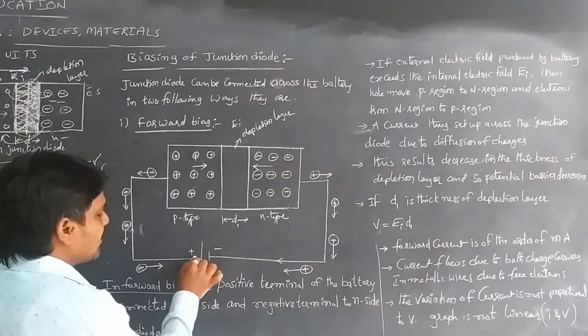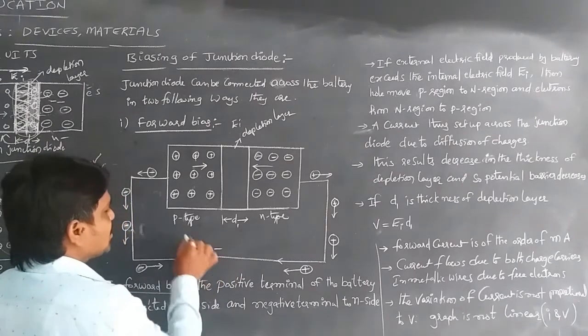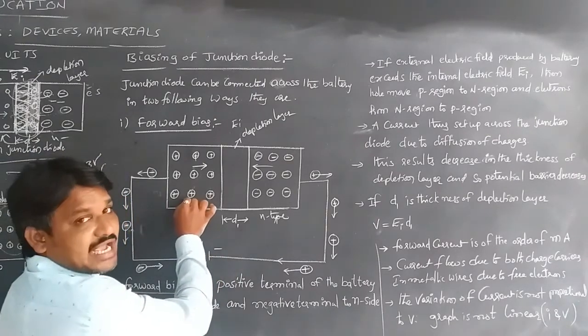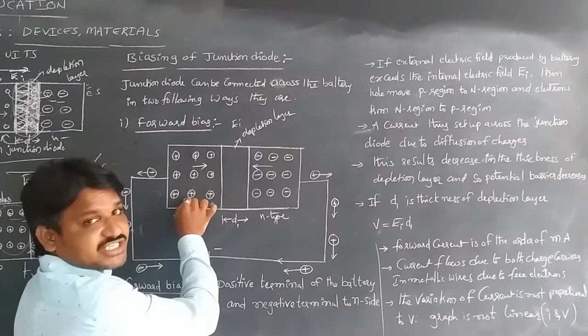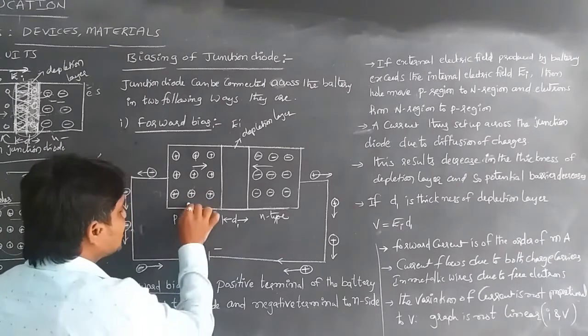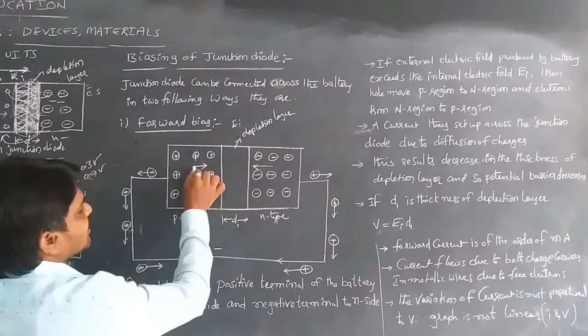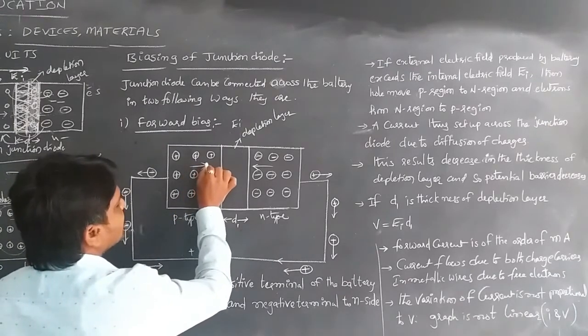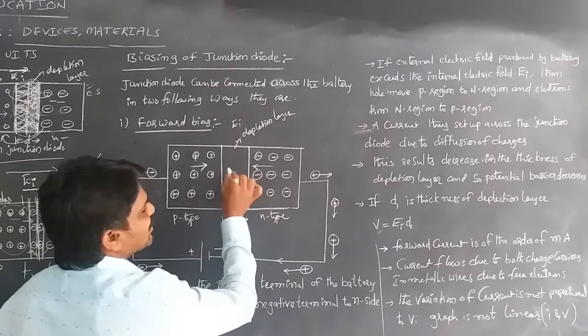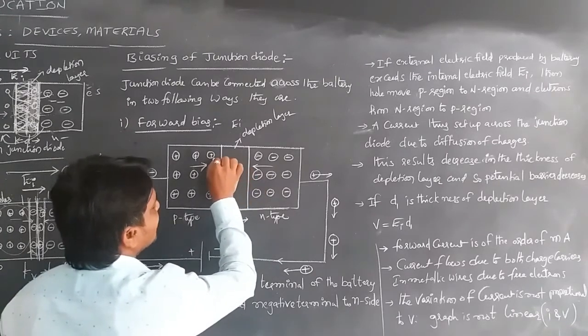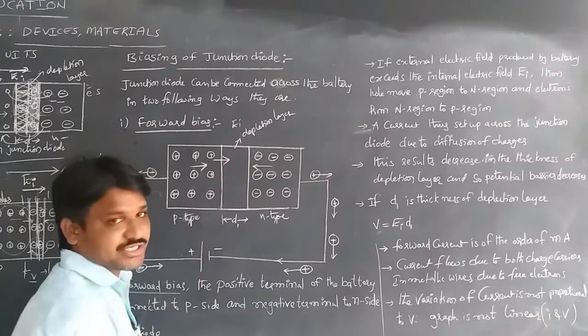So here is the positive terminal. The P type material also has positive charge carriers, that is holes. Due to the repulsion between the two positive charge carriers, the positive charge carriers move towards the potential barrier, the depletion layer, in this direction.